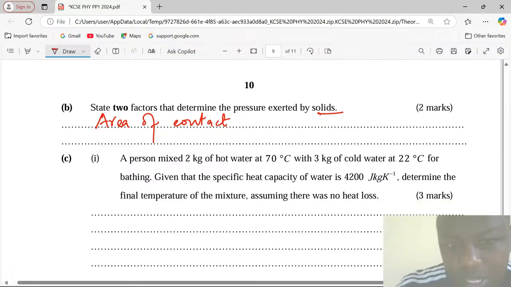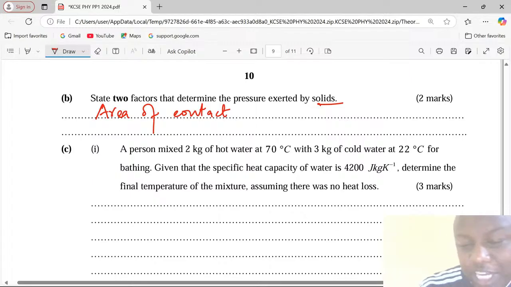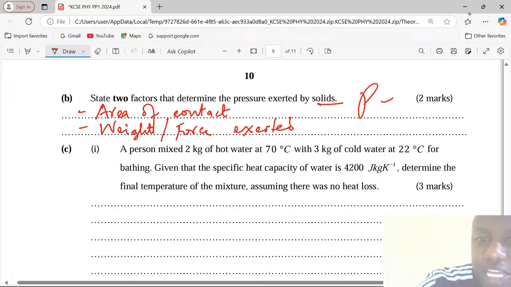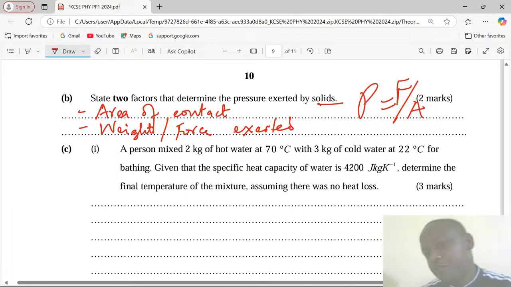And also the force being applied, either the weight of the solid itself, or we can take a solid, we place it on a surface such that it is exerting pressure, but now we can also add another force on it, like pressing it downwards. So we can talk of generally weight or simply force exerted, because simply pressure is usually given by force out of the area of contact.